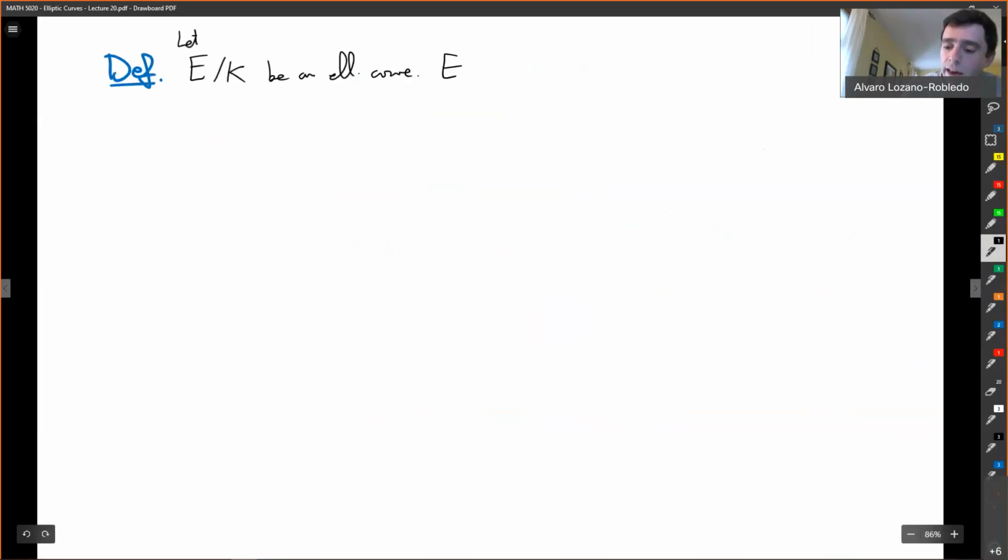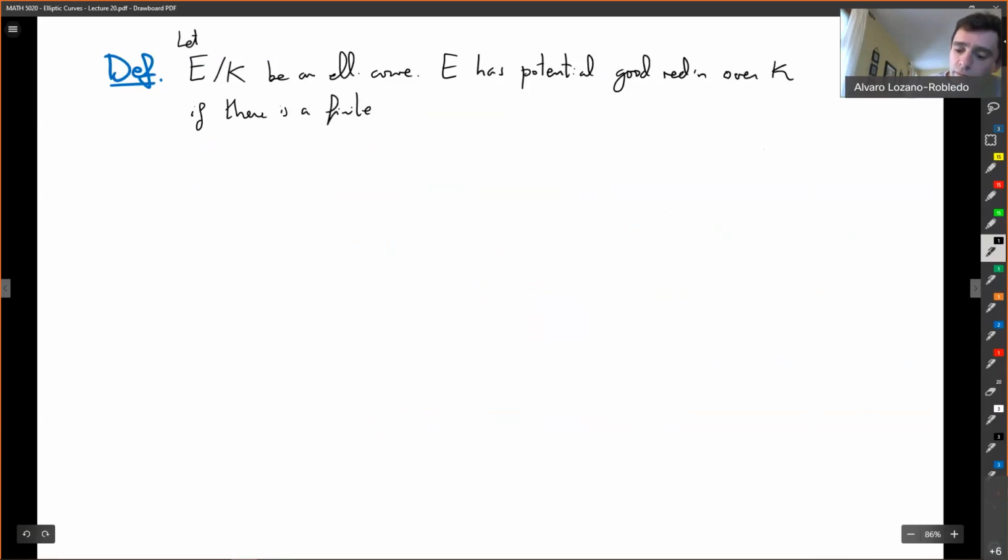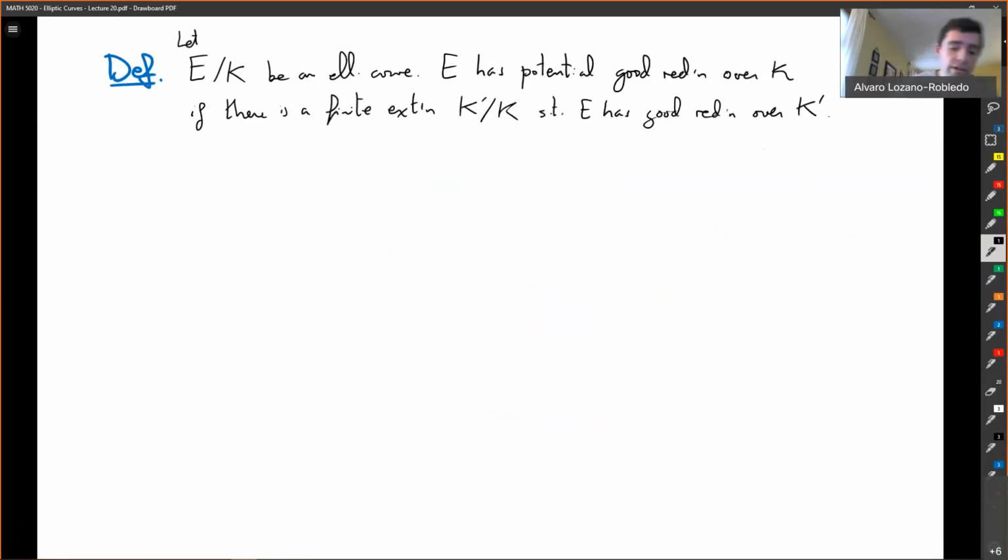We say that E has potential good reduction over K if there is a finite extension K prime over K such that E has good reduction over K prime.